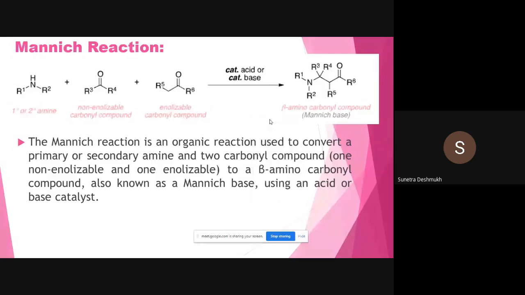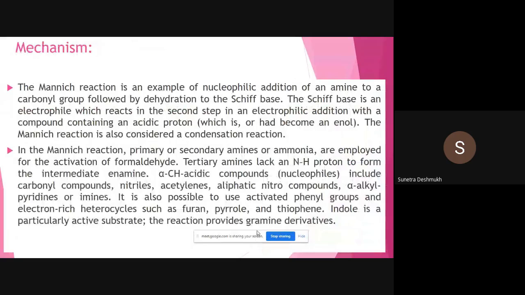Okay, so now we'll go for the mechanism of the reaction. Very easy. I think you have studied this reaction, and it is not that difficult. Just the basic things you should be prepared for, either 1,2 direct addition or 1,4 conjugate addition. So the Mannich reaction is an example of nucleophilic addition of an amine to a carbonyl group followed by dehydration to the Schiff base.